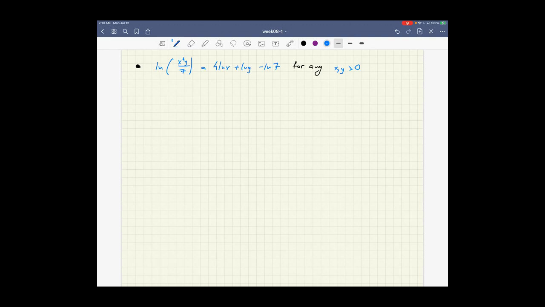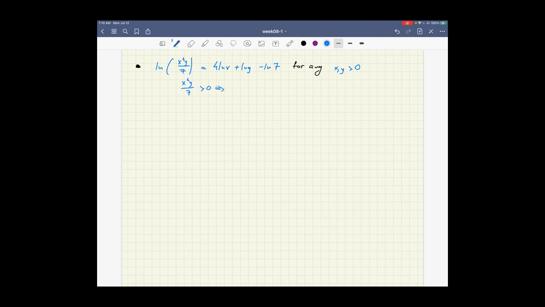But what if x and y are actually negative? X could be negative. In fact, all we need for this expression to make sense is that x to the power 4 times y over 7 be positive.